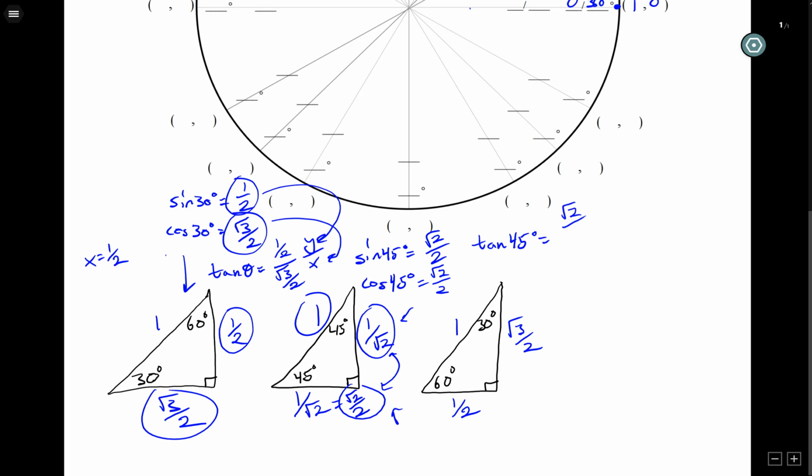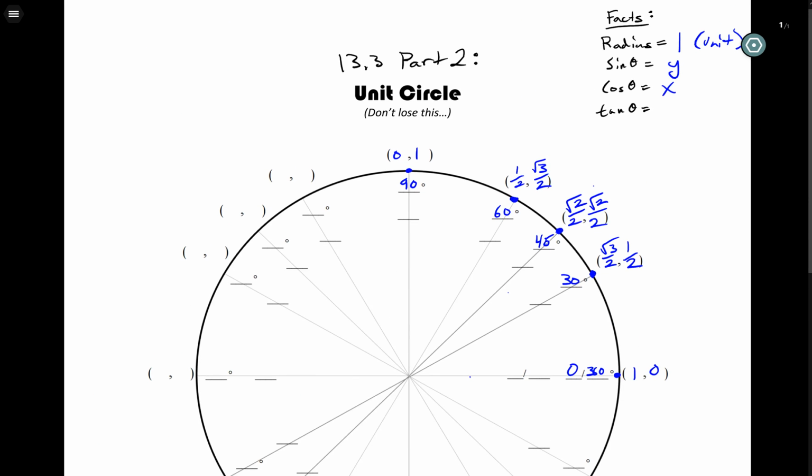This is root 2 over 2 over root 2 over 2. I know it's hard to see because they're both the same. So for the tangent, y over x. So tangent is y over x because it's opposite over adjacent. I'm making little sense right now.